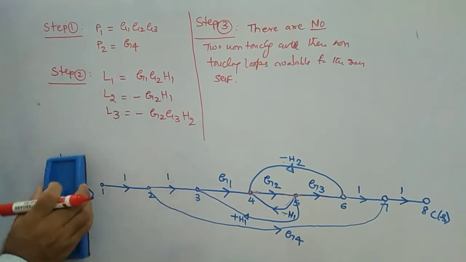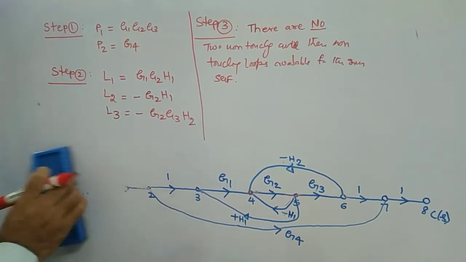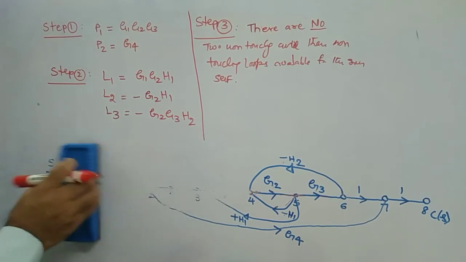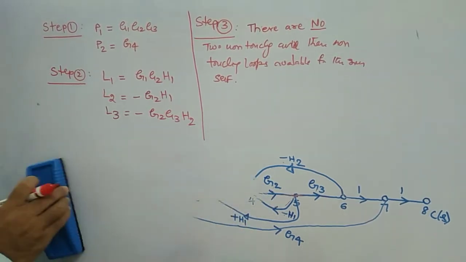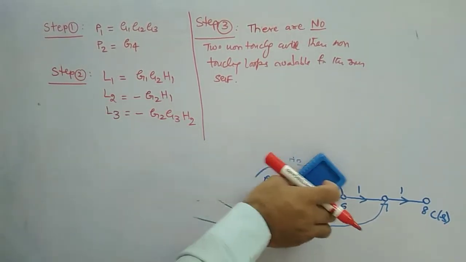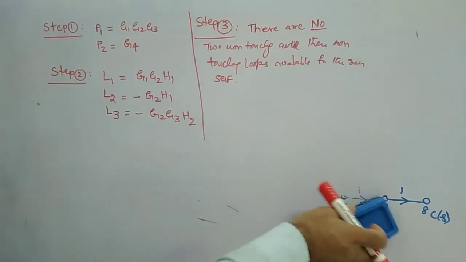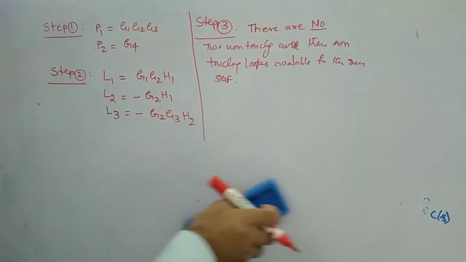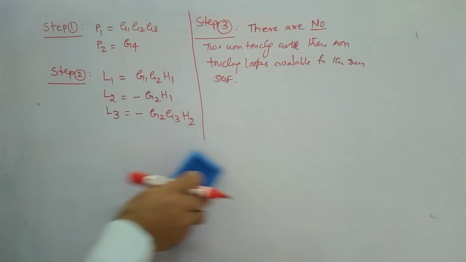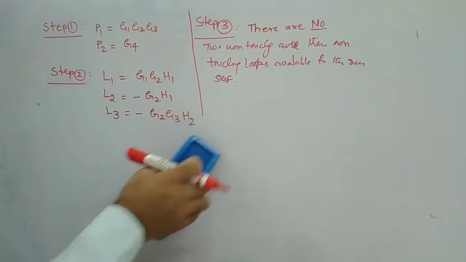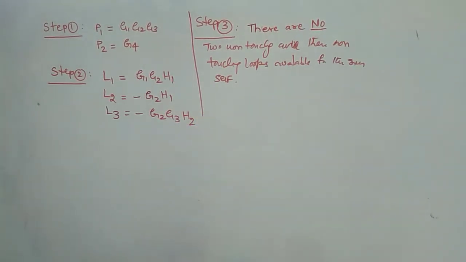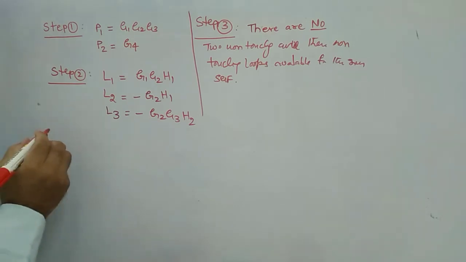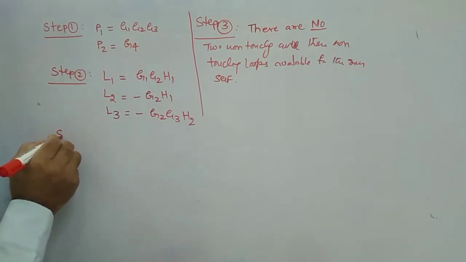Therefore, for the fourth step this diagram is not required, because the signal flow graph is required for steps 1, 2, 3 only. For step number 4, you have to solve the transfer function with the help of these 3 steps. Now I am going to step number 4.